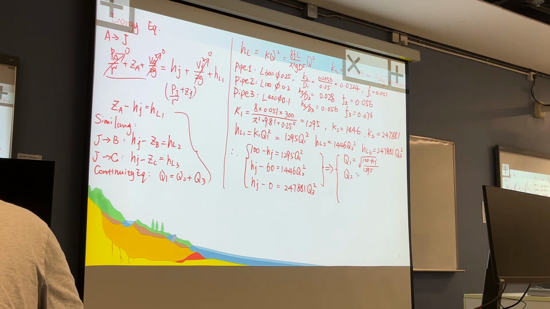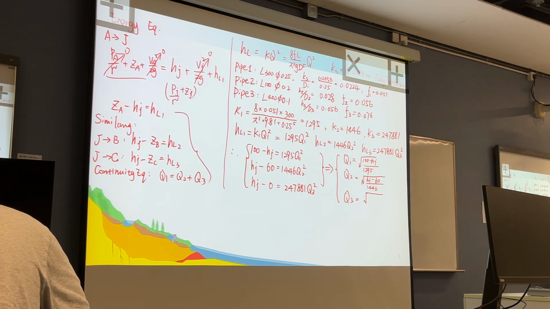Q2 is equal to the square root of HJ subtract 60 over 1446. Q3 is equal to, subtract 0, so that is HJ over 247,881. And then we put Q1, Q2, Q3 into the continuity equation.